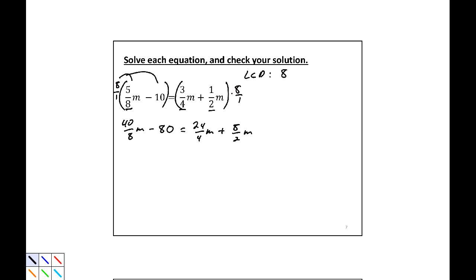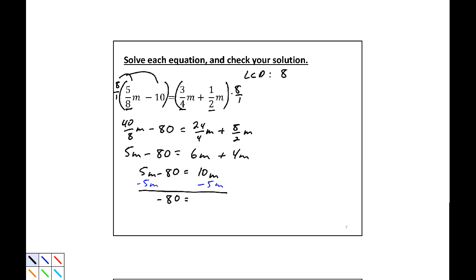Now I can reduce all of my fractions. The first of these will be 5, so that's 5m, 6m, and 4m. 5m minus 80 equals 6m plus 4m. Combining like terms on the right side, that will be 10m. Now I'm actually going to subtract 5m here because it'll make things a little easier on me.